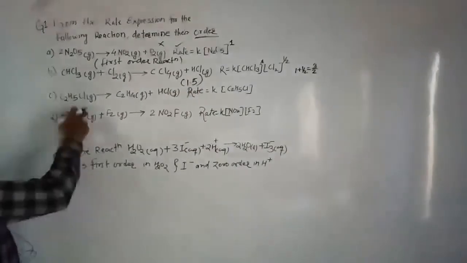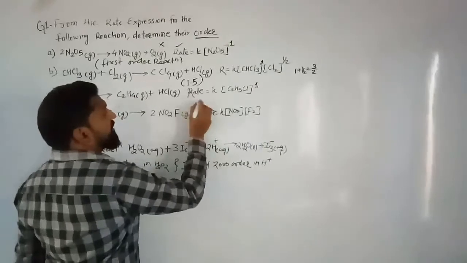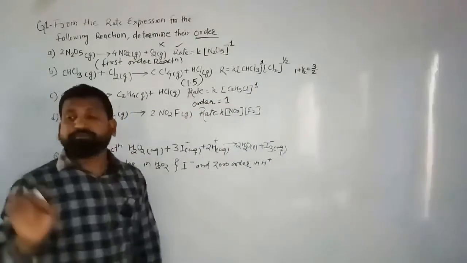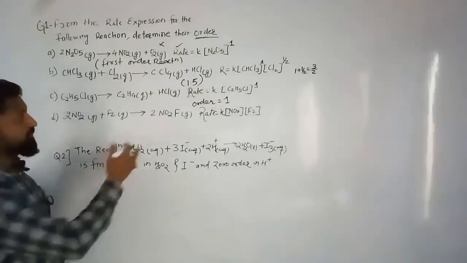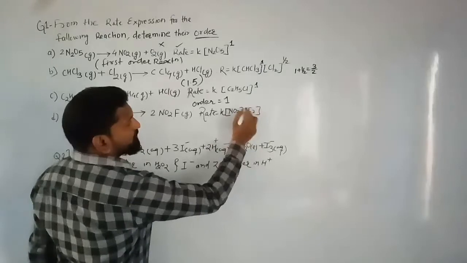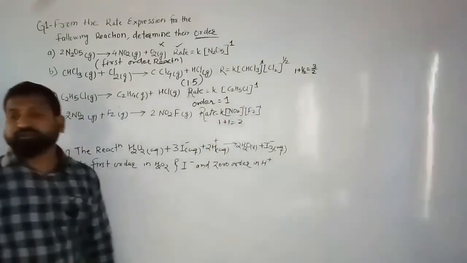Very simple. Next, here the rate is given, again there is no doubt, 1 is there, therefore the order of the reaction is 1, first order reaction. Now come to the last: KNO2 F2, so 1 plus 1 is 2, so it is a second order reaction.